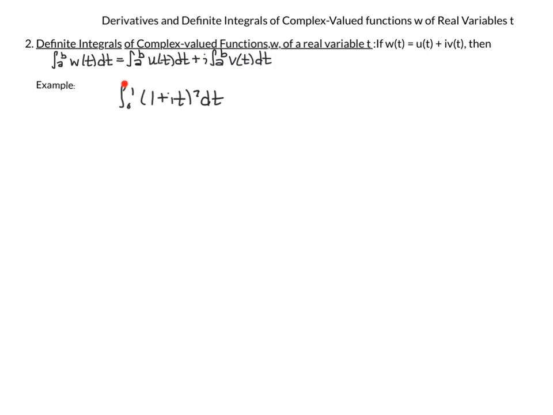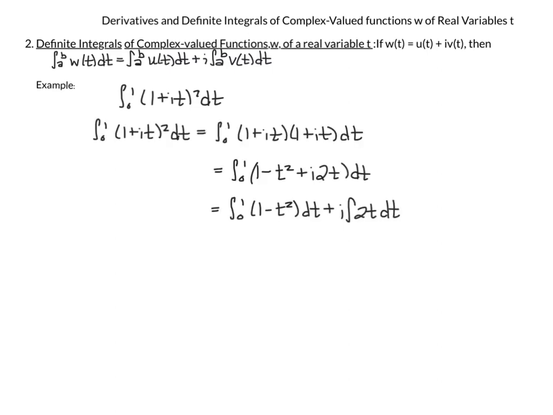A quick example is the integral from 0 to 1 of (1 plus it) squared dt. Because I want to get my function into this form of u of t plus i v of t, two real functions, I go ahead and expand this out. So you can see I have 1 plus it times 1 plus it. That's going to give me my 1.